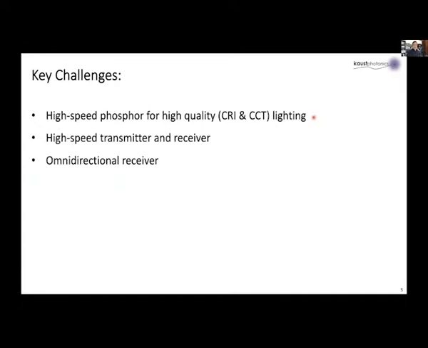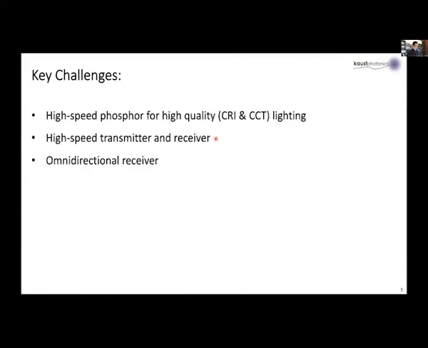Other key challenges, Harold just now mentioned a couple of key challenges, but those are quite similar. In our case, for laser-based lighting, the light quality is always the issue, which is the CRI, and how to control the CCT. And the high-speed transmitters and receivers are always in demand because by using a standard laser, we can only push the bandwidth so much.